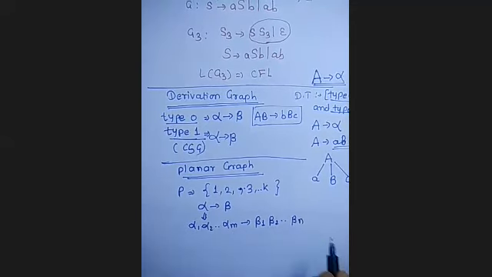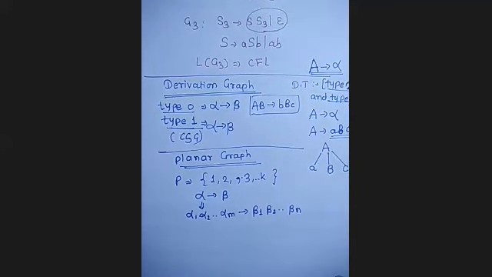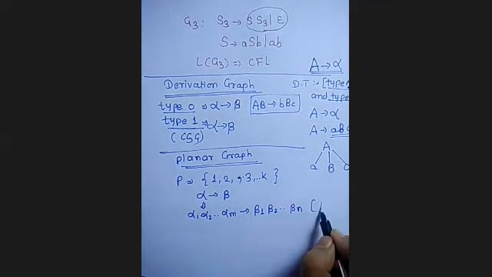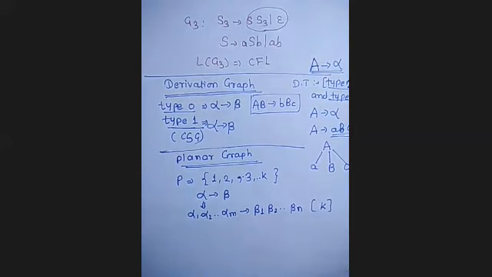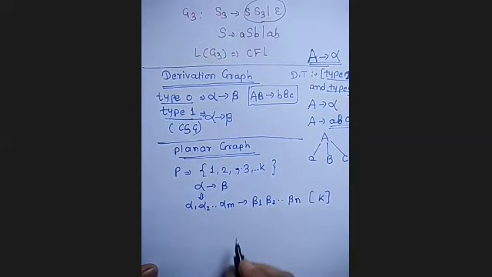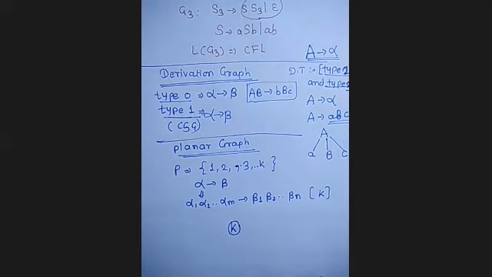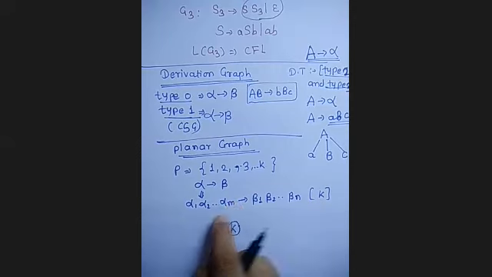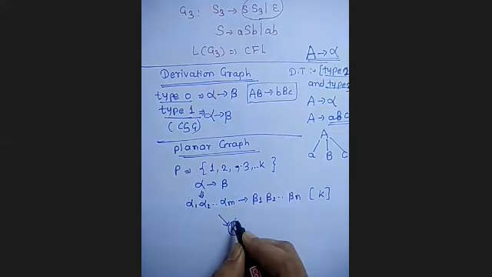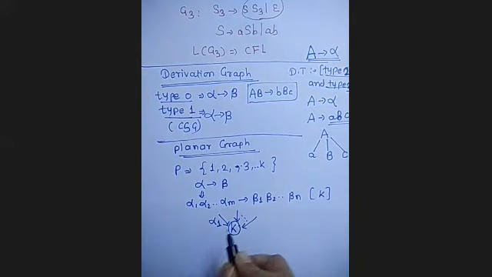Then in the planar graph, let this be represented using the rule number K. The name of the node is the rule number K, and whatever symbols appear on the left hand side form the incoming edges, so my incoming edges are alpha 1, alpha 2 to alpha m.